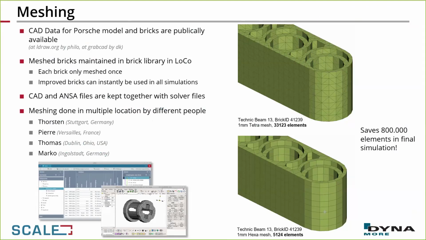And meshing has been done, as I told earlier, by different people in the US and France and Stuttgart. And either they worked directly in LoCo, as I showed before, or they provided me the meshed bricks and I imported it into the library in LoCo. And after a couple of weeks, mostly during our spare time, we were able to mesh the 180 different bricks that we needed for the Porsche model.